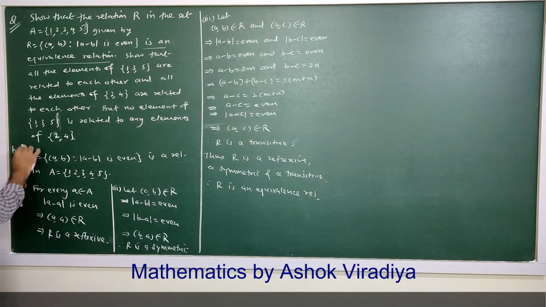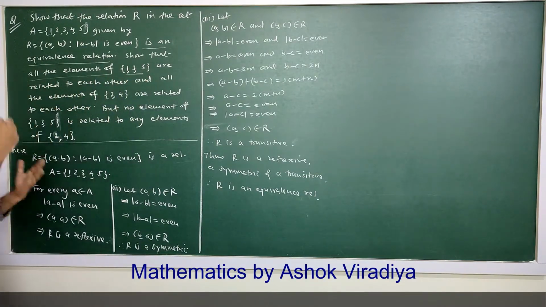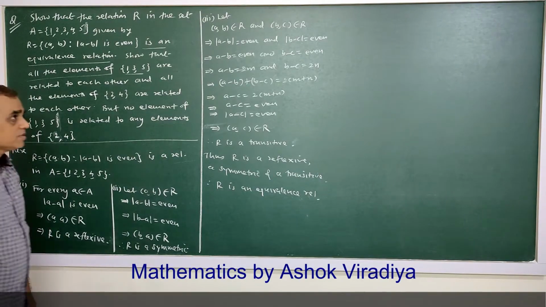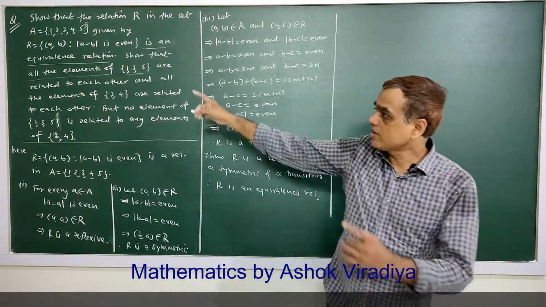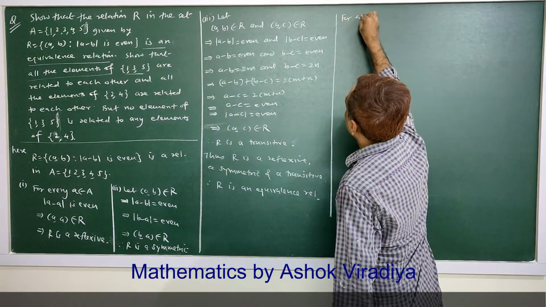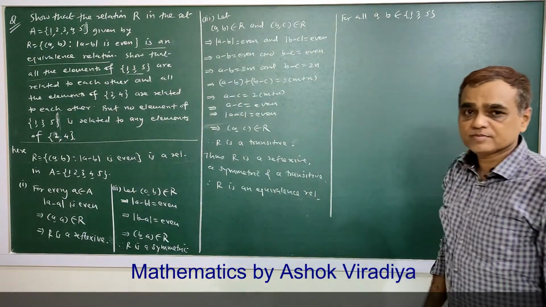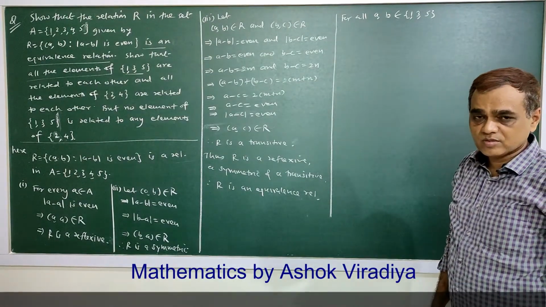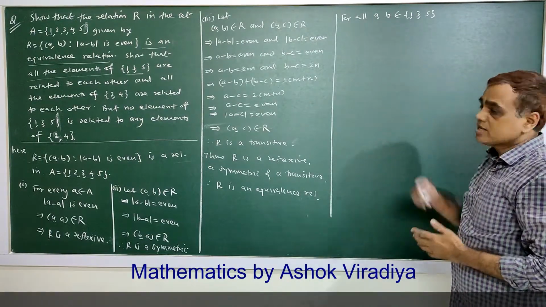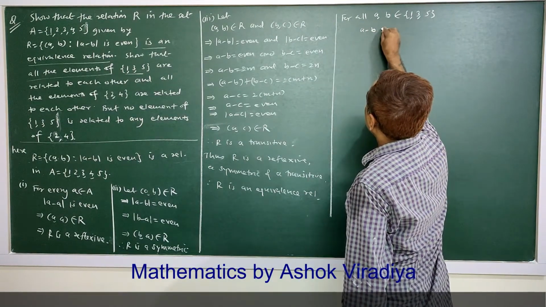Now the next part of the question. We want to show that all the elements of this set are related to each other. So say that we show on this side, for all a, b belonging to {1, 3, 5}. If we take any two numbers a, b belonging to {1, 3, 5}, that means both are odd numbers. A is odd, B is odd, and the difference of odd and odd is even.